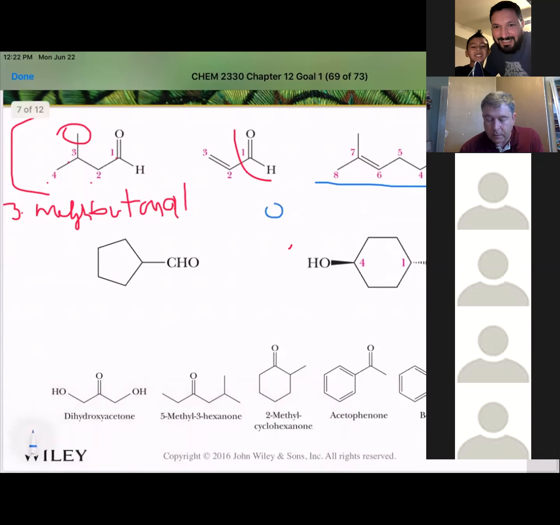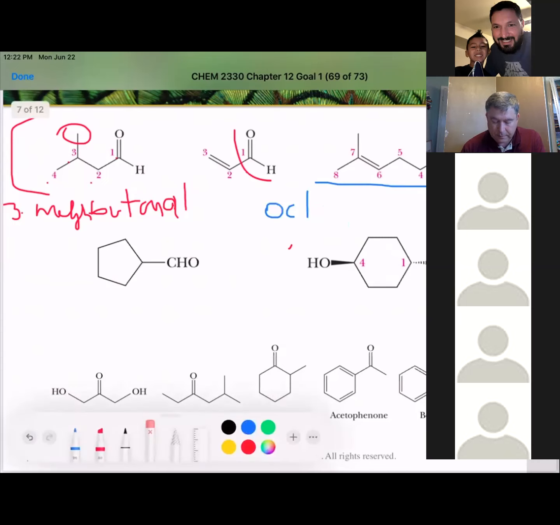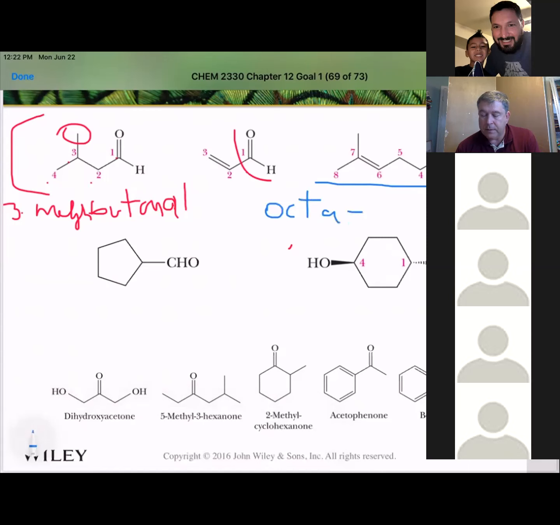So let's see, octa, and then we have one alkene start on this 2 and the other one start on the 6. So 2,6-diene right here, but we end with an aldehyde as our name, so it's dienal right here.